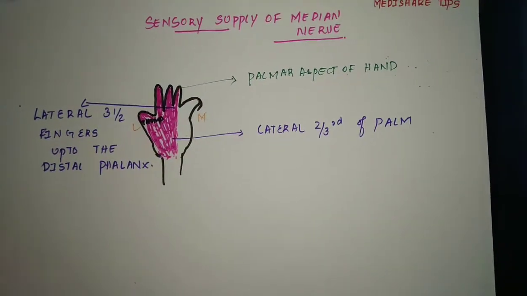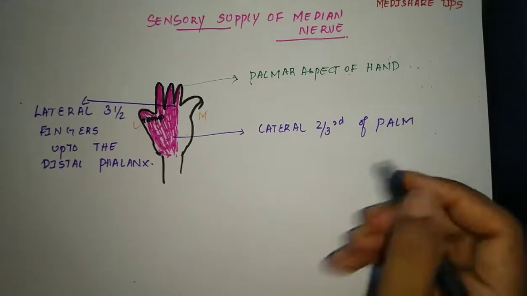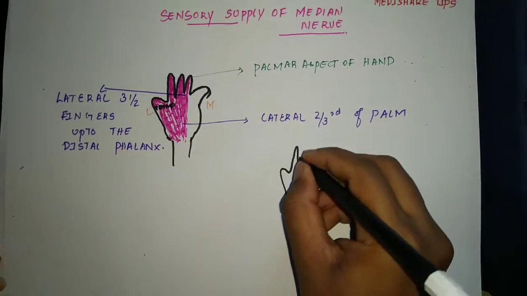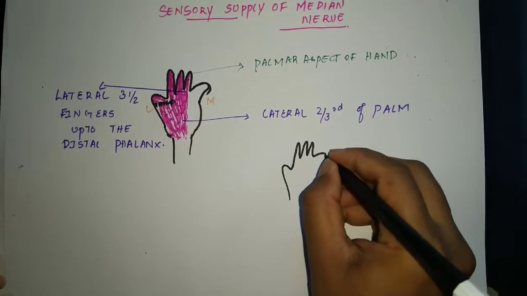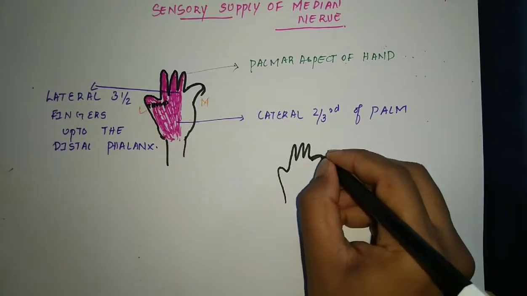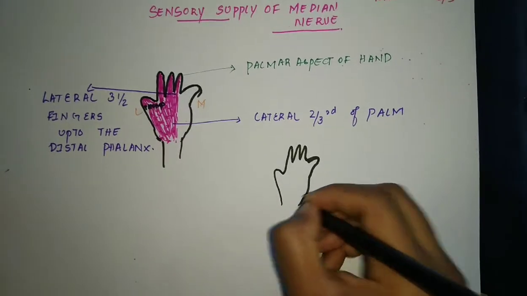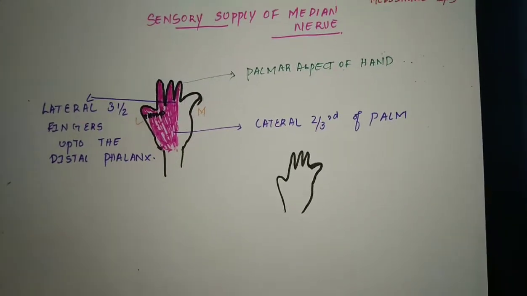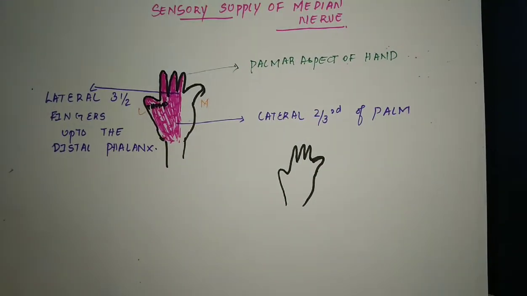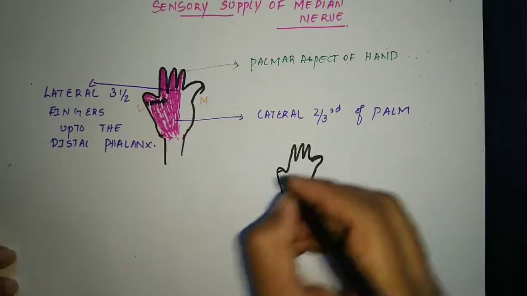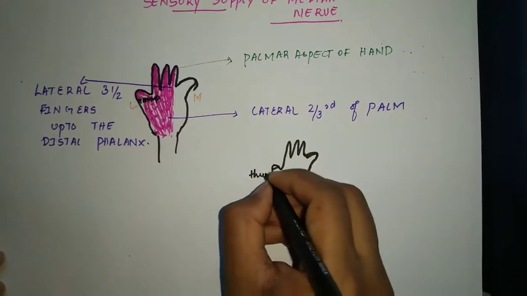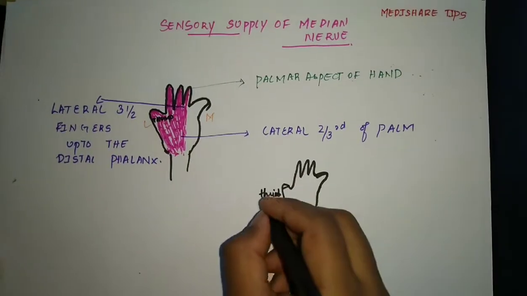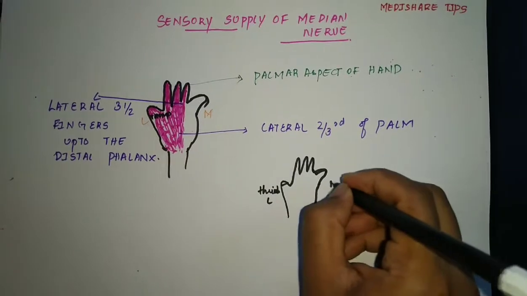Now we will look at the dorsal aspect of the hand. This is the thumb. This is the lateral aspect, medial aspect.